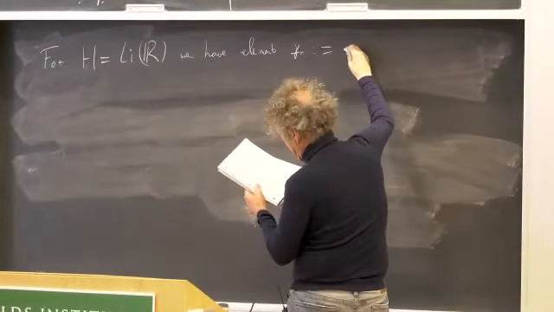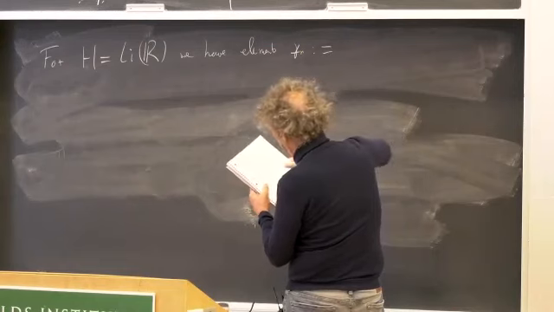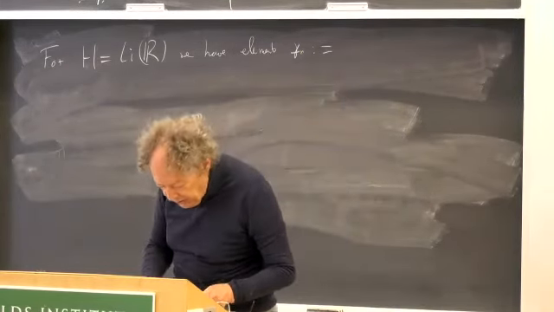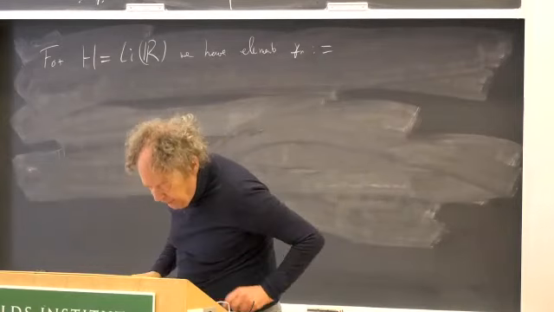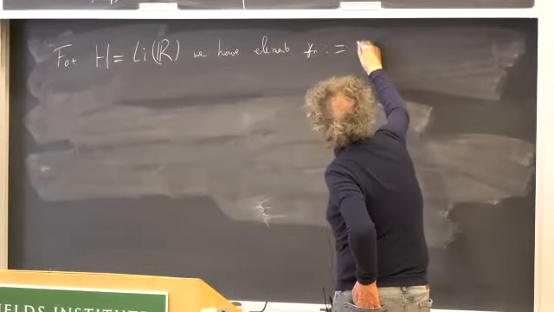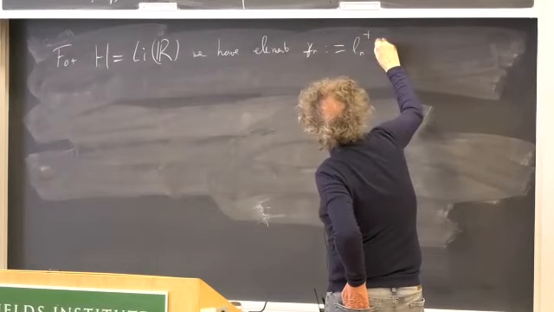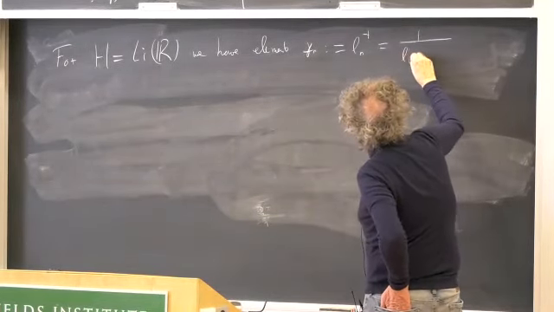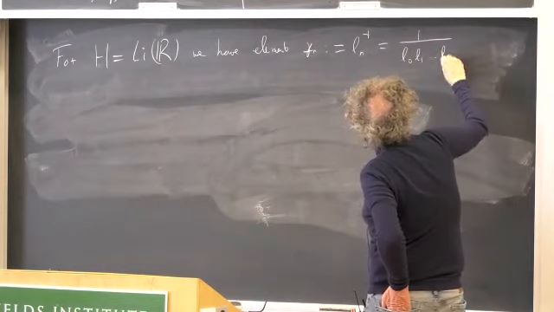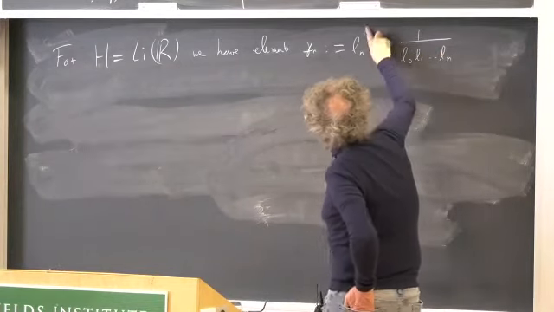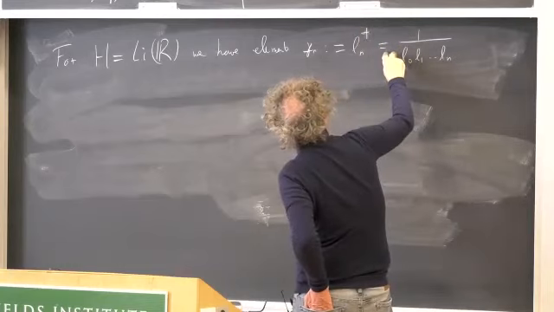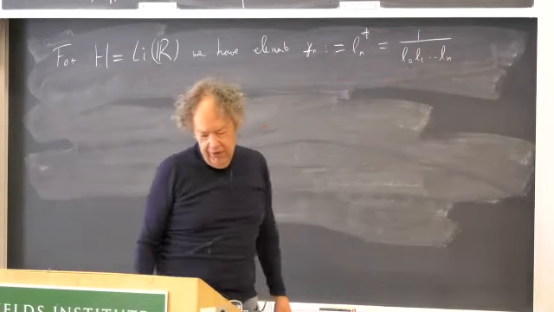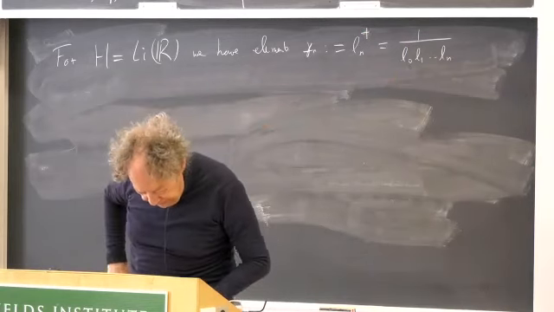I have to be careful because it's very easy to make a mistake with signs. So this is Ln dagger, which is equal to, and that is L0, L1 up to Ln. If you take the dagger of Ln, well, it turns out to be important to know this. It's 1 over L0 up to Ln.